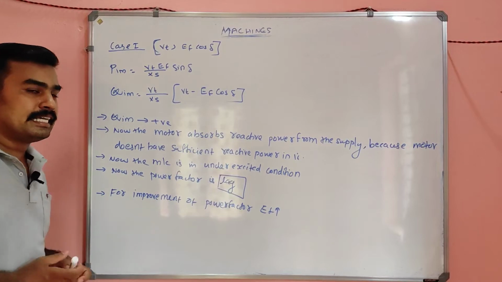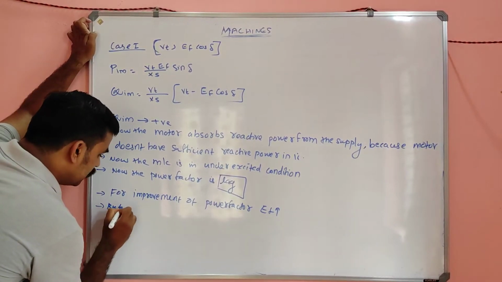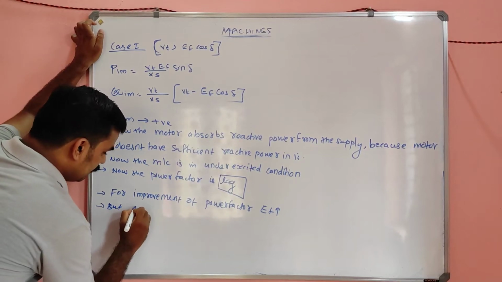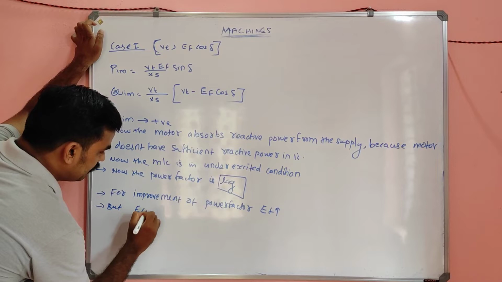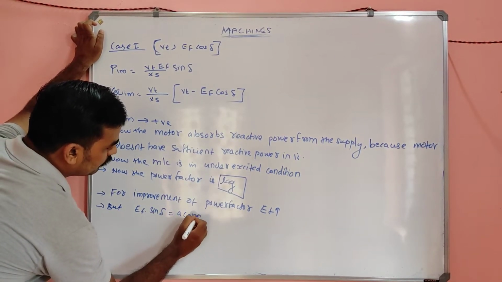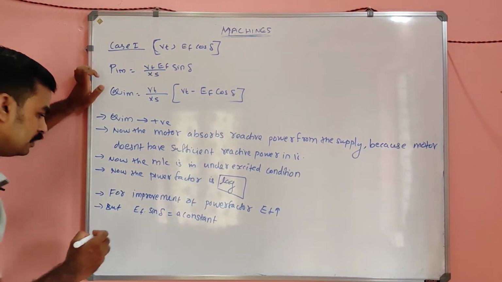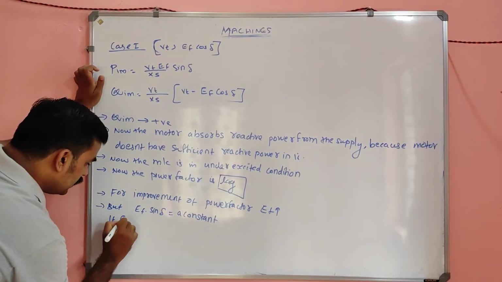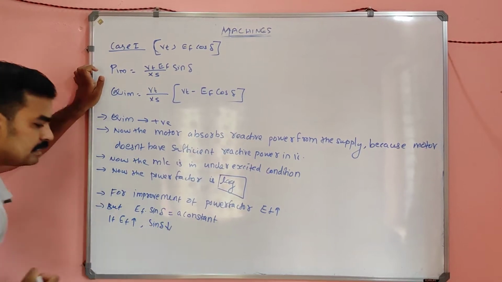If we increase the excitation, my dear, likewise in a generator, Vt into Ef into sine delta equal to a constant. Ef into sine delta will be a constant. So if Ef increases, sine delta decreases.